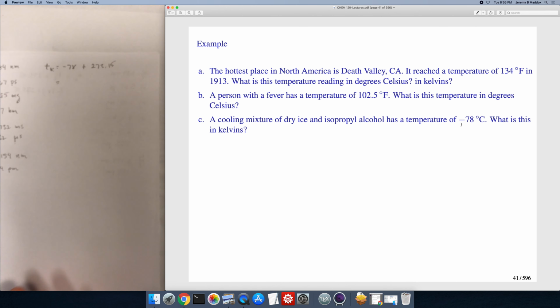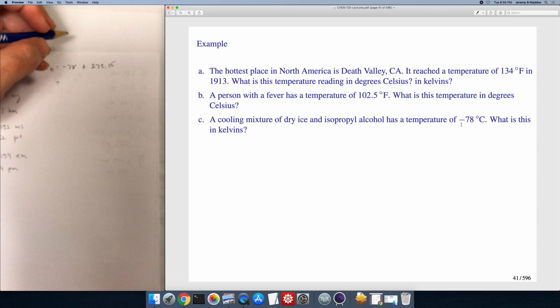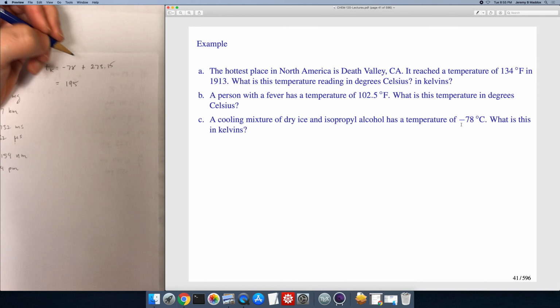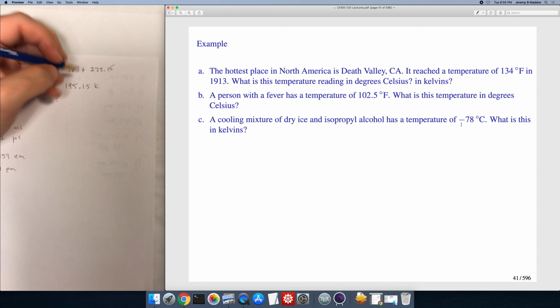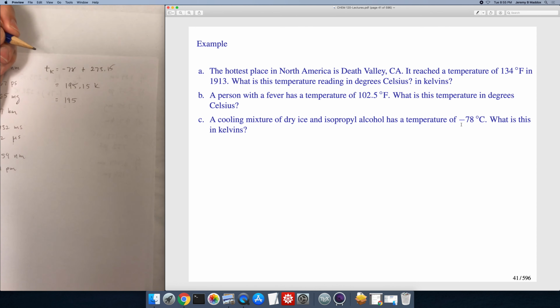And you use that to calculate the temperature in Kelvin. And I'm getting 195.15 Kelvin, and then if we want to use our rules of sig figs, we would round that down to 195 Kelvin, like that. Okay, so make sure that you can go back and forth between Celsius and Kelvin.